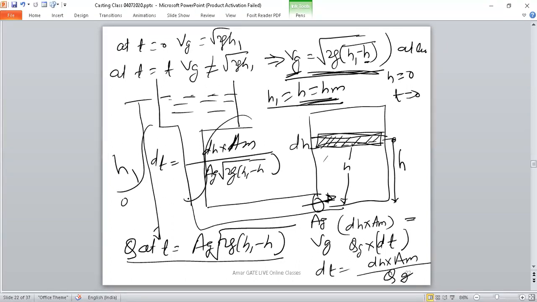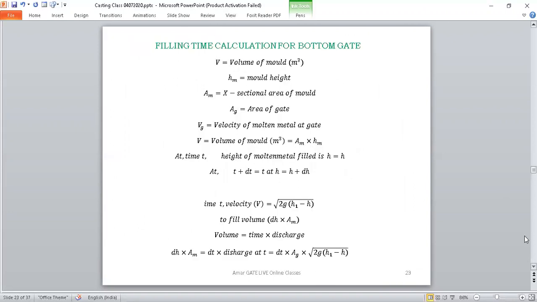at time 0, h is equal to 0. When time is equal to t filling, h will be equal to Hm. When you integrate it and put the limits, you will get this relation.